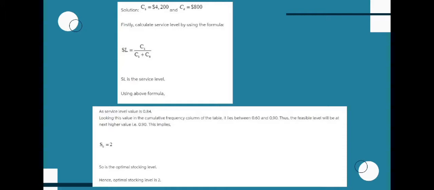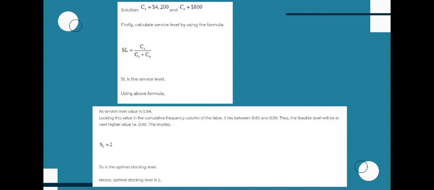Thus the feasible level will be at the next higher value. So when we look in the table at the cumulative frequency, we see 0.20, 0.60, 0.90. Our service level is 0.84.